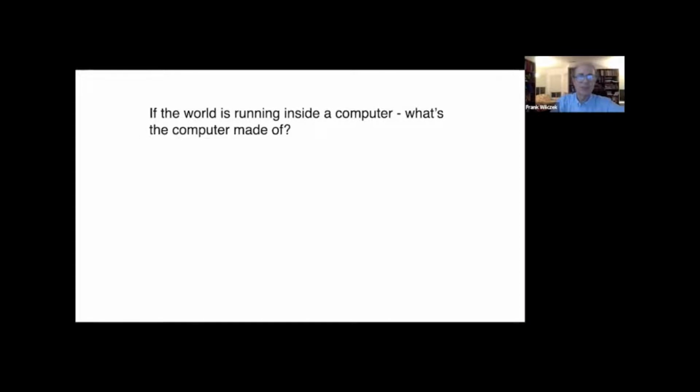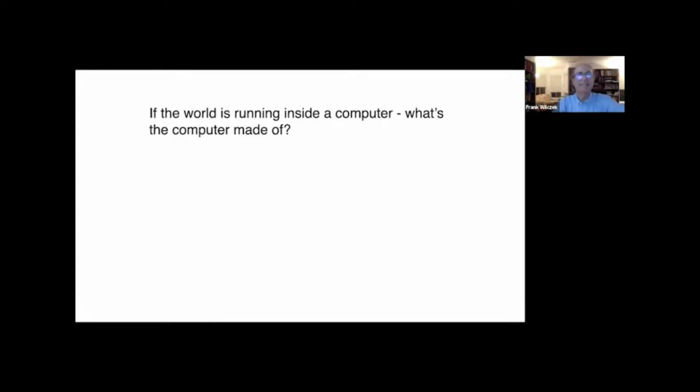First, there's the embarrassing question of if the world is running inside a computer. I should say that this idea has been discussed a lot and advocated by people like Elon Musk and Nick Bostrom and other people who should know better.